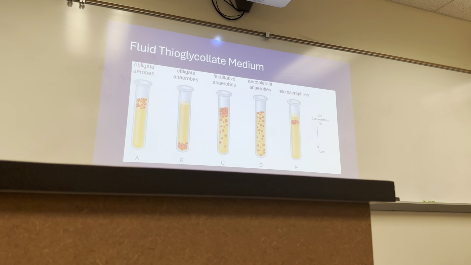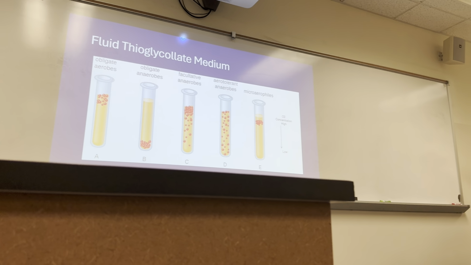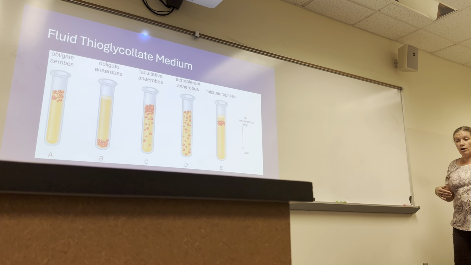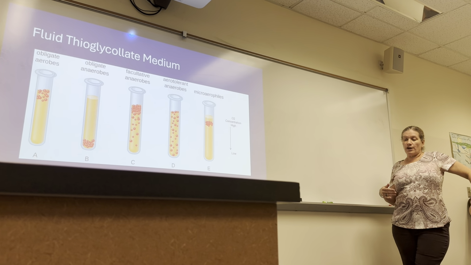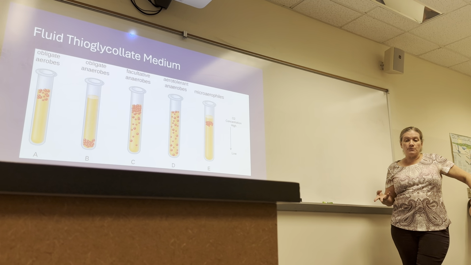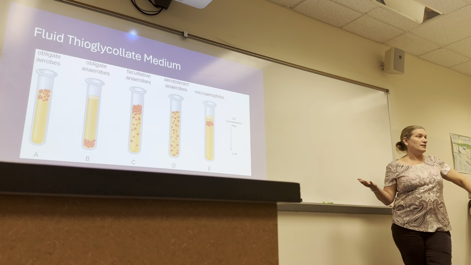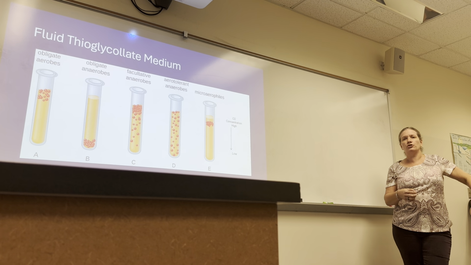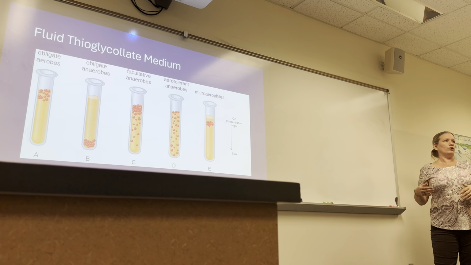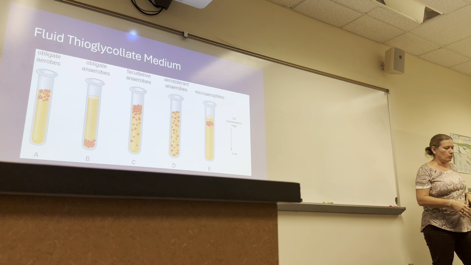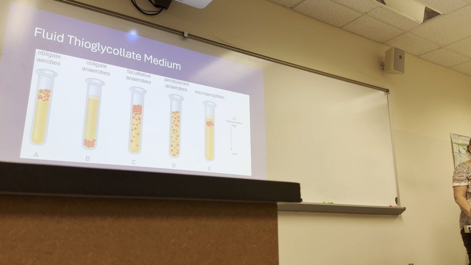Now, using fluid thioglycolate medium is great in the laboratory to determine oxygen requirements, but when you're trying to grow microorganisms on a petri dish, or on a solid surface in order to isolate different organisms that exist out there in that particular environment, it's not going to be helpful, right?